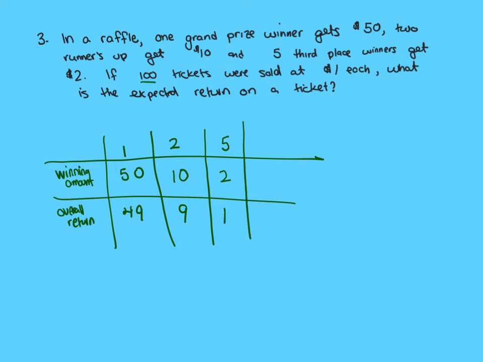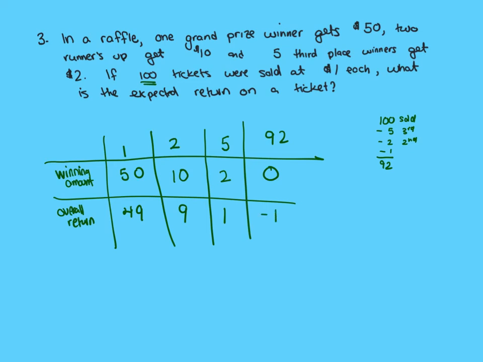And then 100 tickets were sold, so I have 100 sold minus the 5 third place people minus the 2 second place people minus the 1 first place person, so that is 8, so I end up with 92. 92 people didn't win anything, so their overall return was negative $1. They just lost that $1.